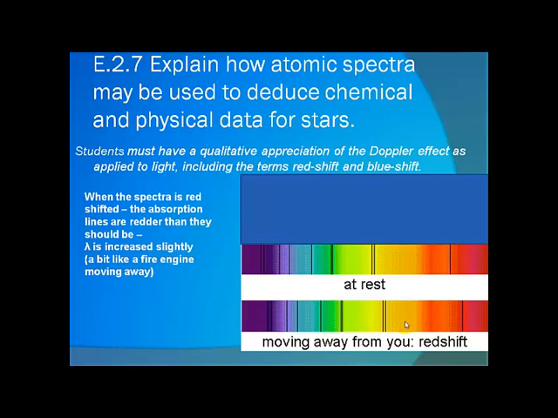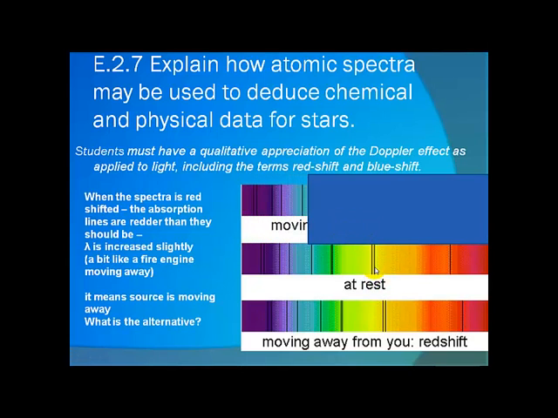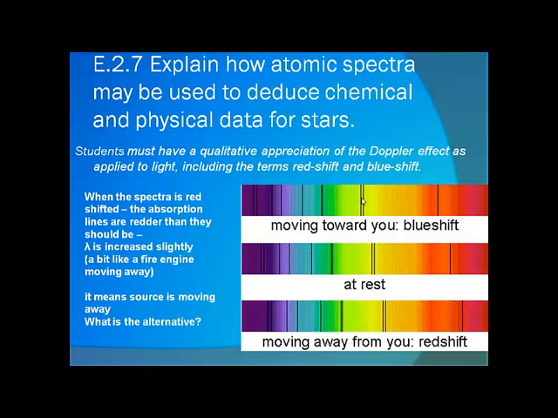The alternative is that if it's moving towards you, then these lines are going to be more shifted towards the blue part of the spectrum. Notice these double lines here will go towards the blue end, so you know it's moving towards you. And the change in wavelength divided by the original wavelength will give you the speed divided by the speed of light.